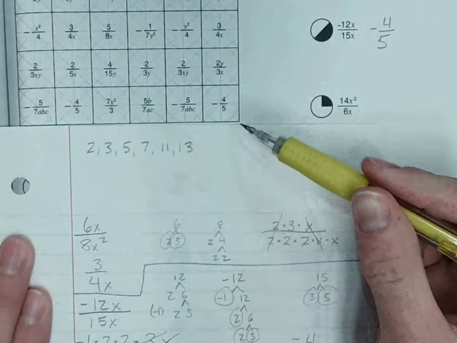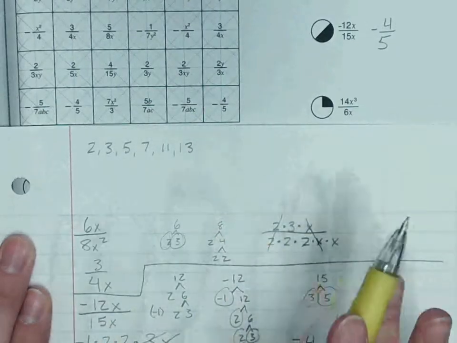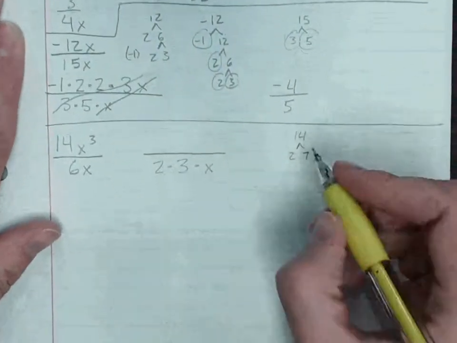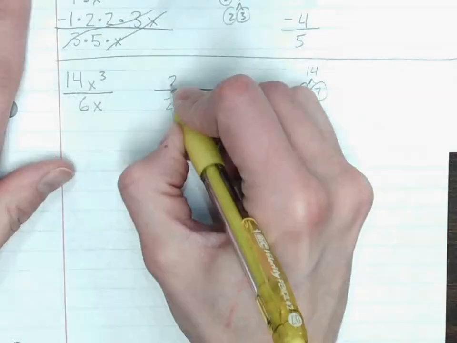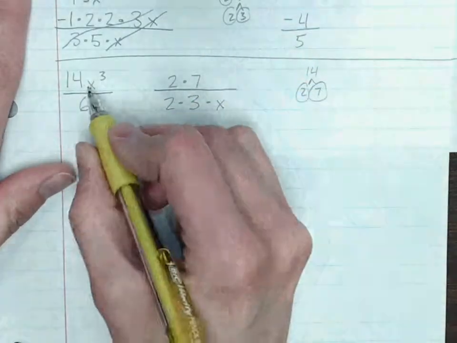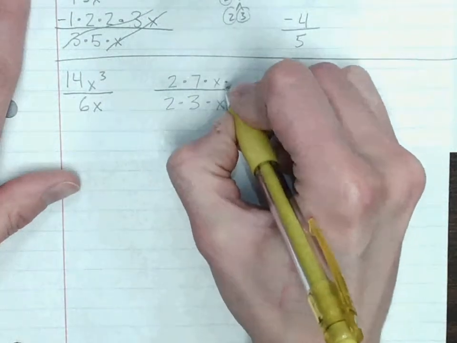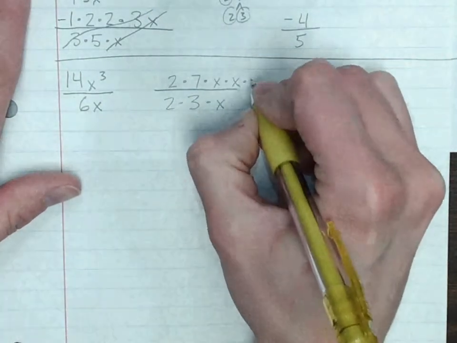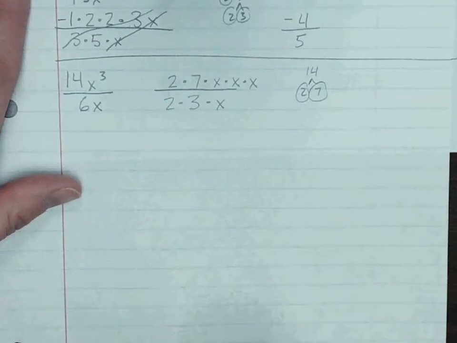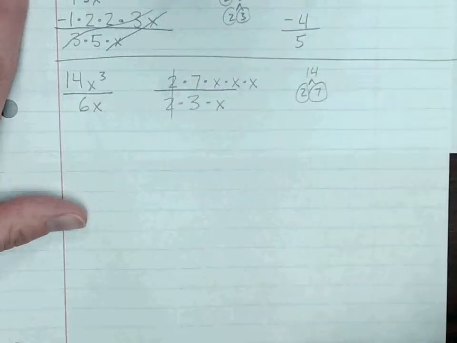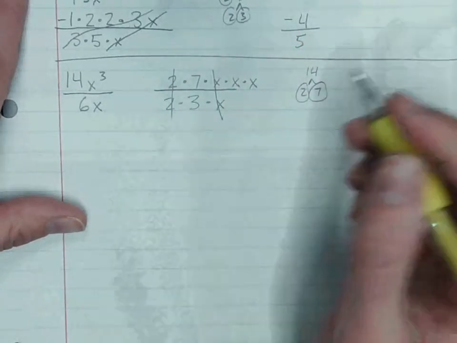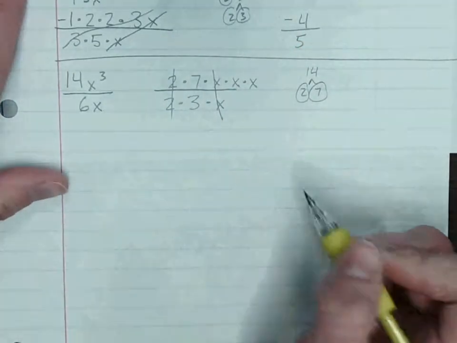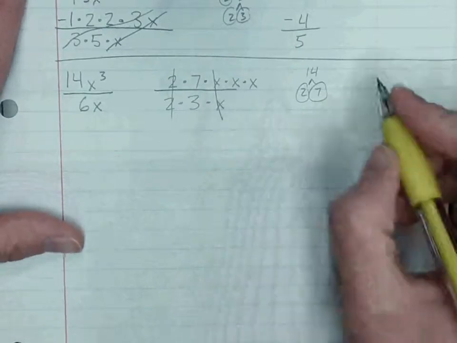Check my list up here. 2 and 7 are both prime numbers, so I don't have to go any more than that. So I'm going to circle them. 2 times 7. Now I have 3 x's, so times an x, times an x, times an x. Now I'm going to cross things out. I have a 2 and a 2, crossed out. An x and an x, crossed out. Now nothing else will cancel out, so that's what I've got left.